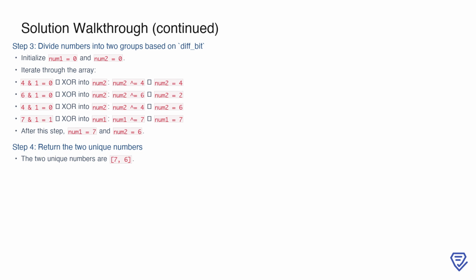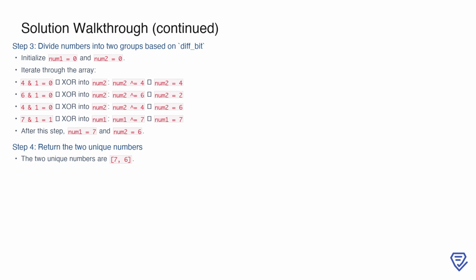The number 6 also does not have the diff_bit set, so it is XOR'd into num2, resulting in an intermediate value of 2. The number 7 has the diff_bit set, so it is XOR'd into num1, resulting in num1 equals 7. After processing all numbers, we find that num1 equals 7 and num2 equals 6.